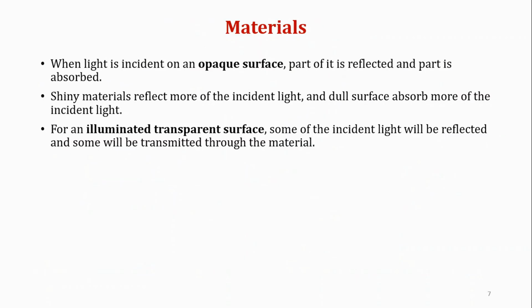And next is materials and reflections. Different materials respond differently when light hits their surface. Shiny materials reflect a large portion of incident light. You can take mirrors, any polished material, glasses, which reflect a large portion of light. Some dull materials reflect very little light and absorb more light, like wood, a wooden table or wood cloth.